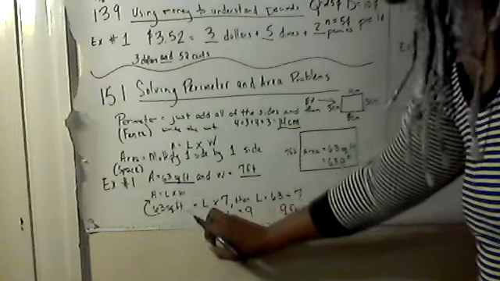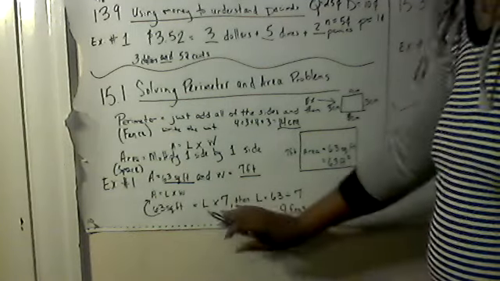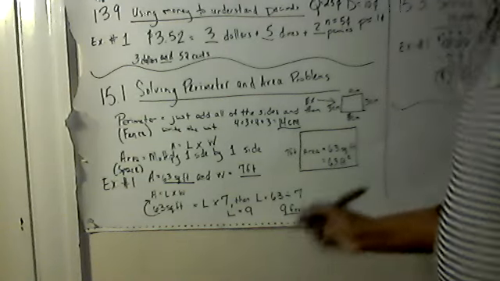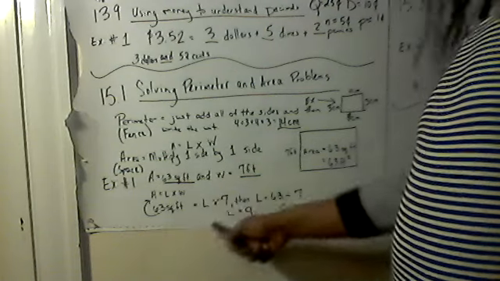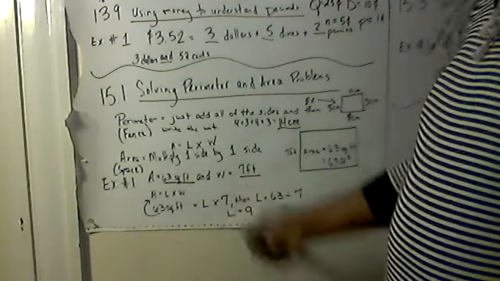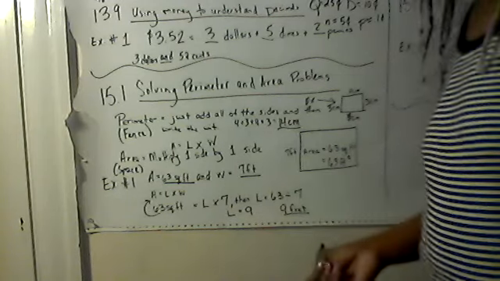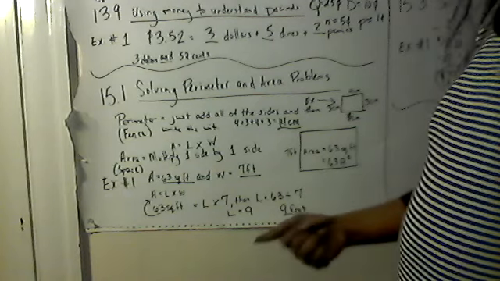63 square feet is equal to length, which we don't know what the length is yet, times 7. So then we have L, which is, we don't know what L is, but we've got to figure it out. It's an unknown. So this is one of the times that it's sort of like using variables, where we're putting in a letter to represent a number until we figure out what that number is.